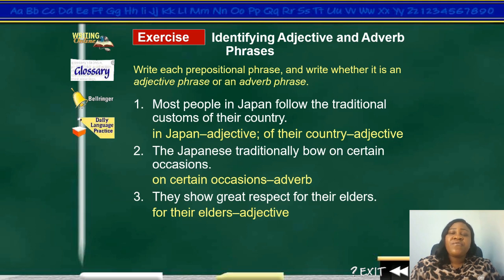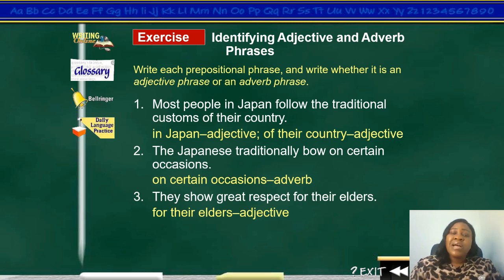The first one is in Japan, and the second one is of their country. Now, in Japan modifies the noun people, while of their country modifies the noun customs.